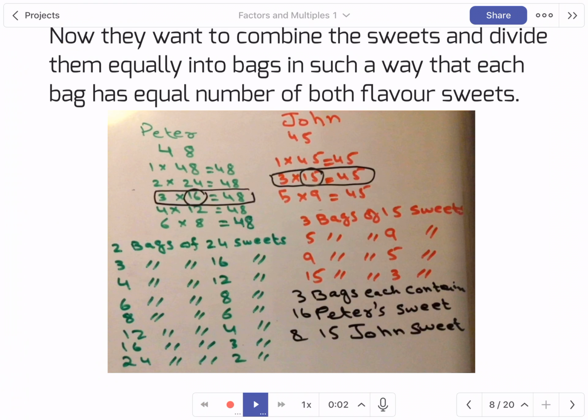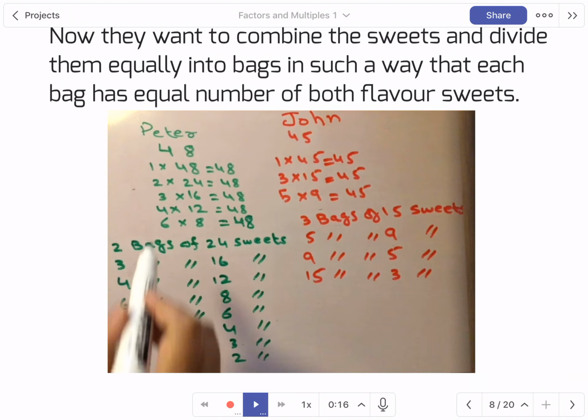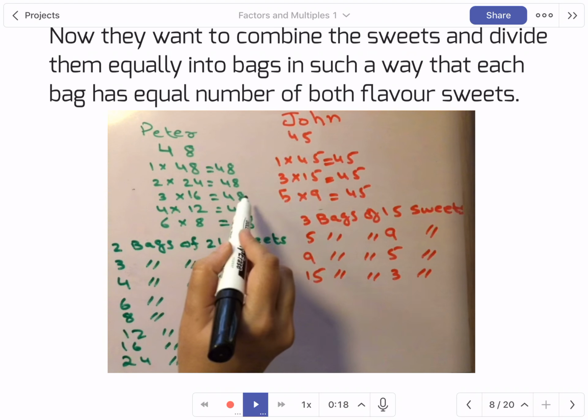Now the second part of the problem is that they want to combine the sweets and divide them equally into bags in such a way that each bag has an equal number of both flavor sweets. As they want to combine the sweets, we have to find the common factor.